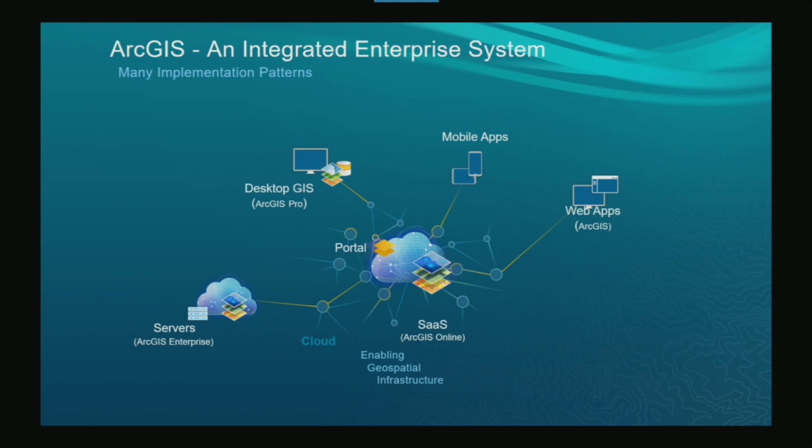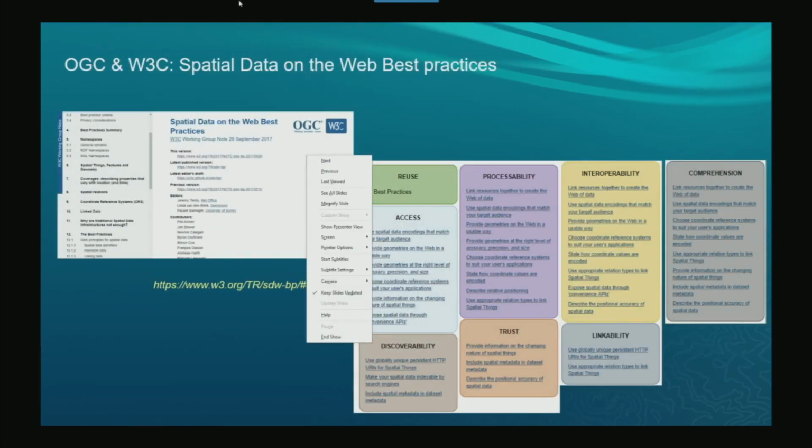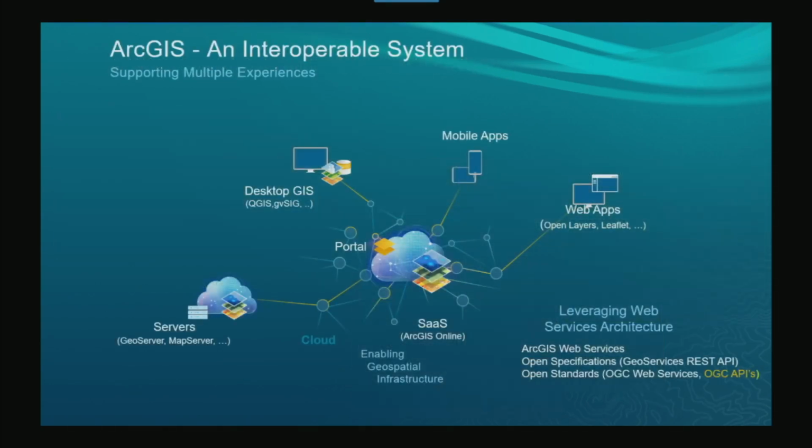The servers serve out the web services, the portal helps you with the collaboration and sharing parts, and you have the ability to consume those from a desktop or a mobile environment or web APIs. But what is more important for this presentation, if you can go back to the previous one, is that ArcGIS is an interoperable system, right?